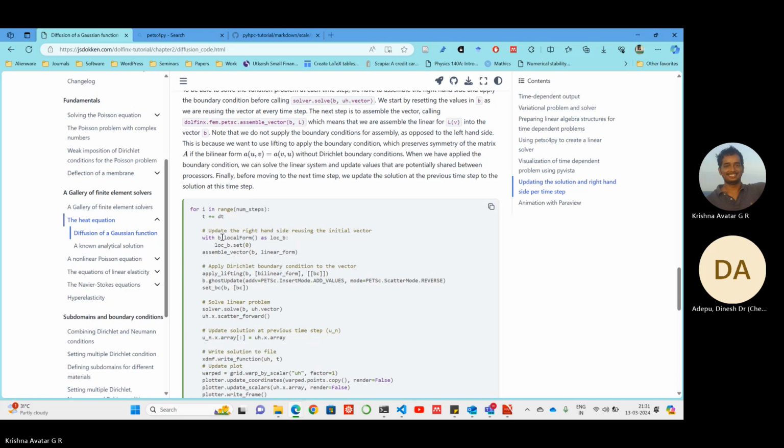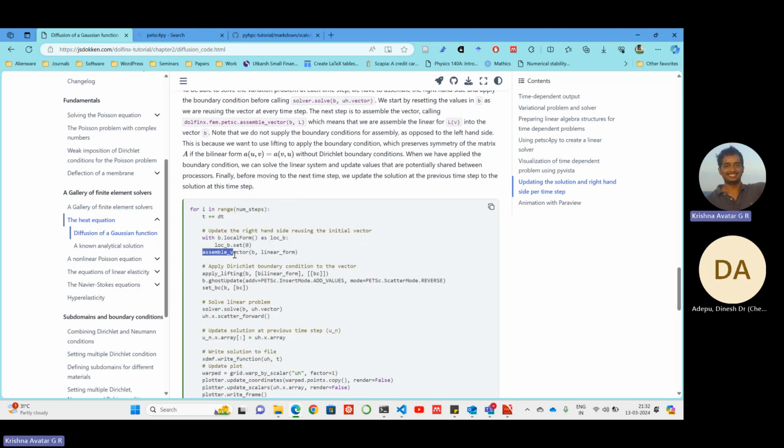Yes, because these are objects of some classes, right? But with localForm, we are able to get the vector form of B, and then we are setting it to the value 0.